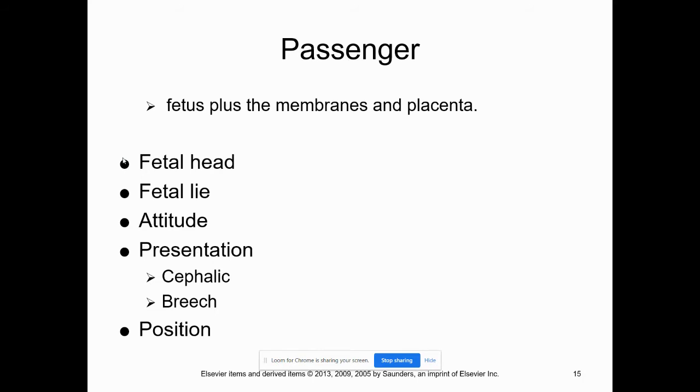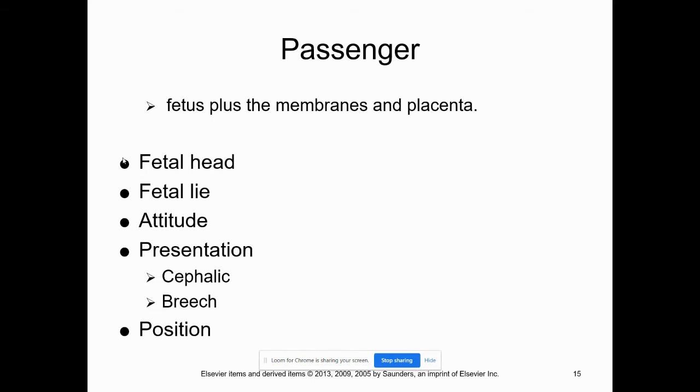Presentation means what is the presenting part, or the first part that you feel that's entered the pelvis for birth. Which part is presenting, or do you feel? So cephalic is normal, so that's the head, but breech can be born vaginally sometimes, and breech is anything other than cephalic.